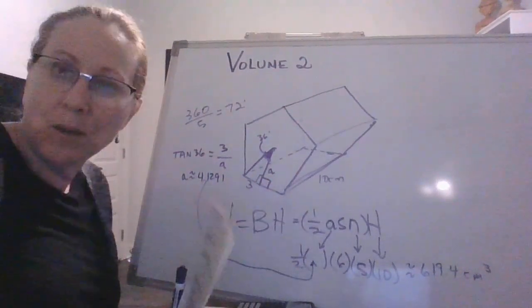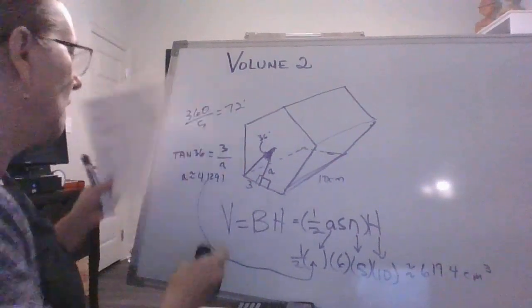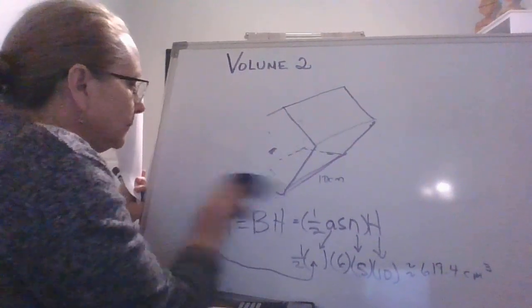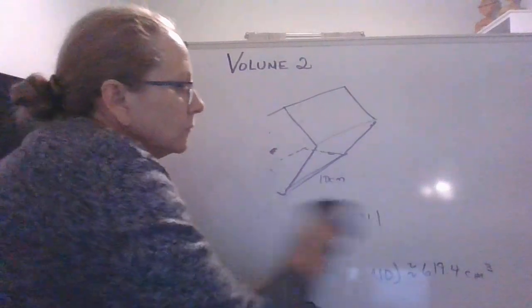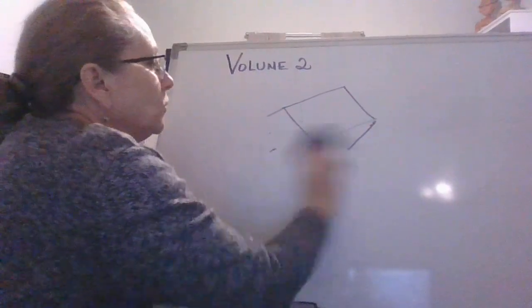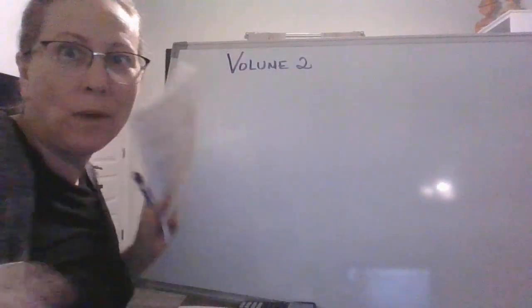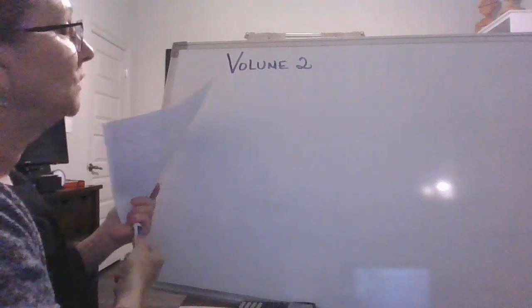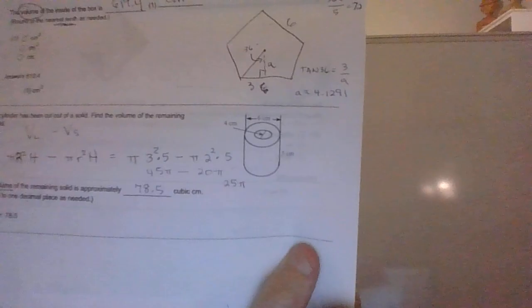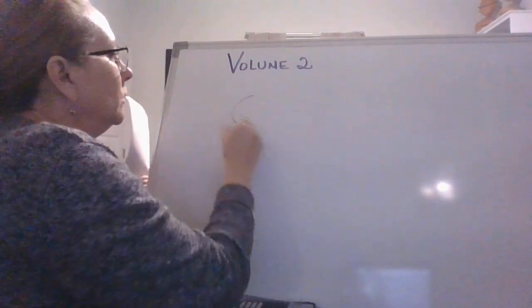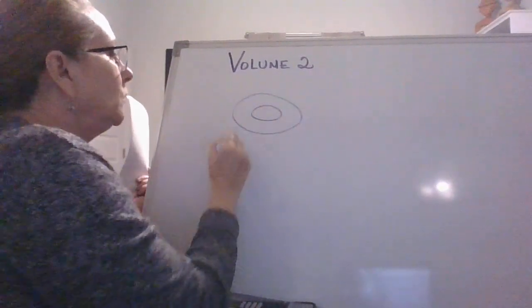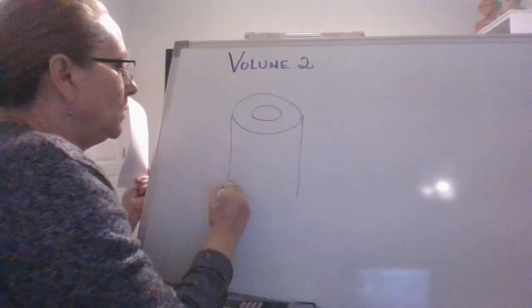Number 6, we've got 6, 7, 8, 9. This one should go pretty quickly. And this one is easy to draw, so you don't have to be too patient for me. Okay, if you can see, we've got a cylinder with a hole in the middle. So cylinder, hole in the middle, and here's the bottom.